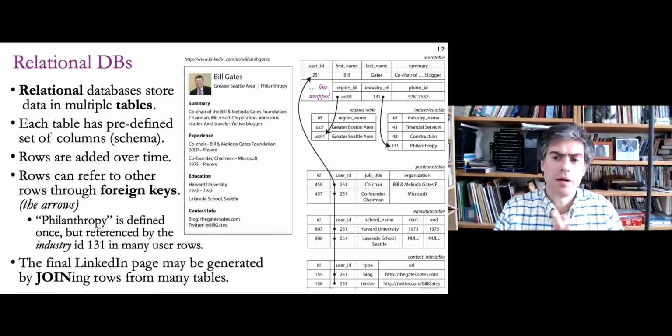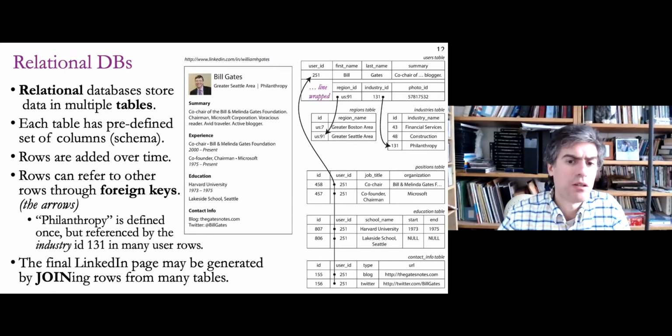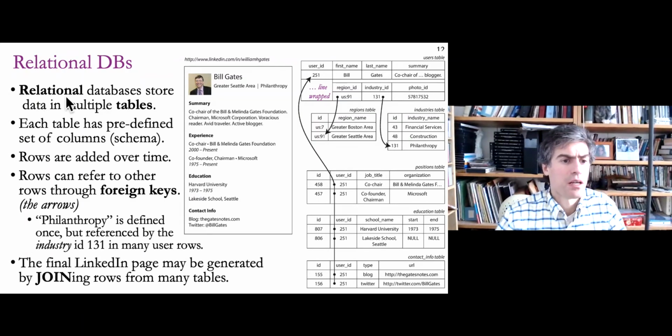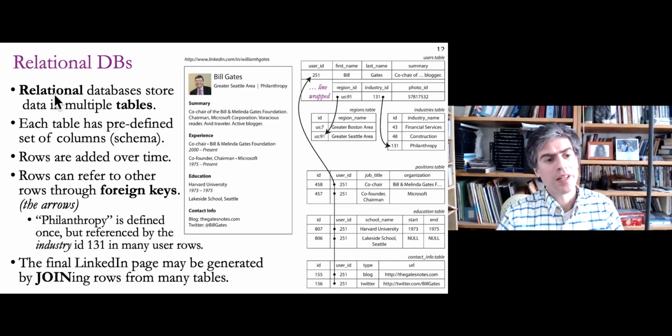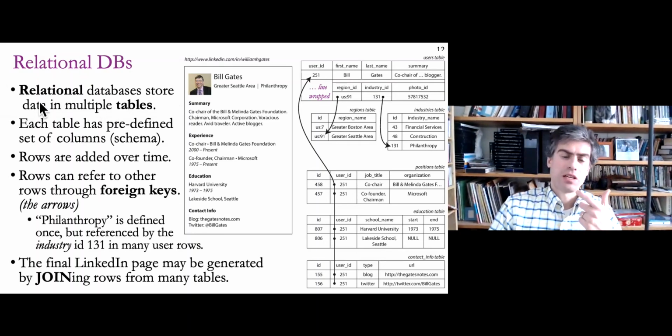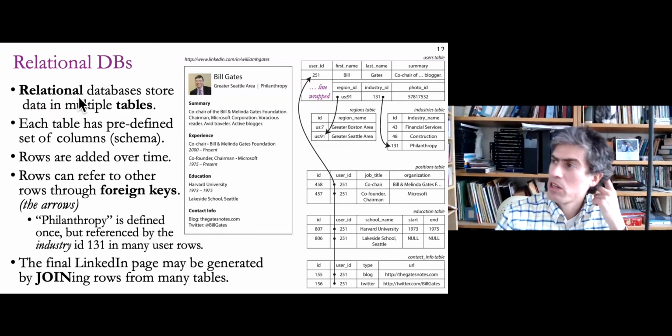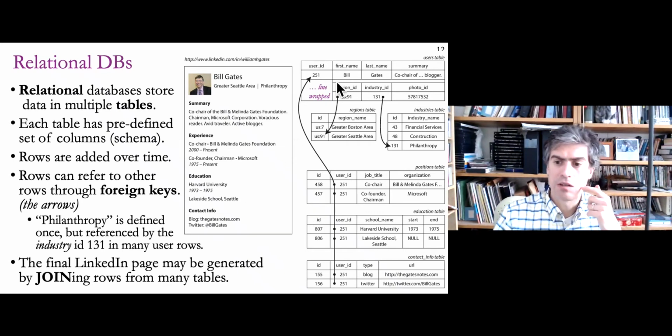So let's talk a little bit about relational data modeling. Relational databases are just databases that store data in multiple tables. Like I said, this is a traditional kind of database. The word relation actually is a synonym for table. Once you learn more about it, you might think that the word relational refers to the fact that different data elements have relationships to each other through foreign keys, which are these arrows I'm showing, but actually that's not what relational was defined to mean.